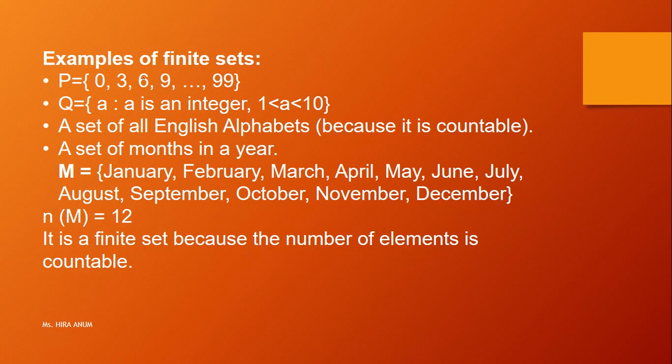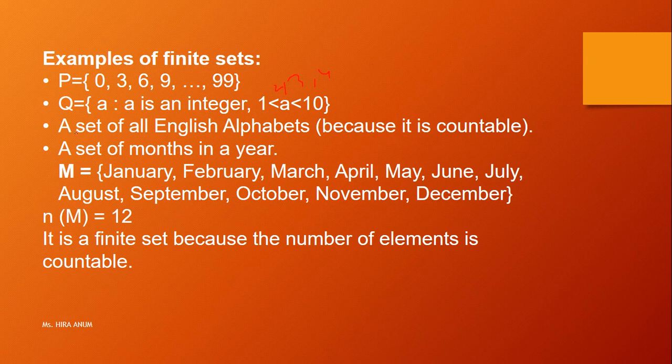You can calculate these numbers. A is the set of integers a with 1 less than a less than 10. It starts from 2, 3, 4, 5, 6, 7, 8, 9. Now you have to count 2, 3, 4, 5, 6, 7, 8, 9.